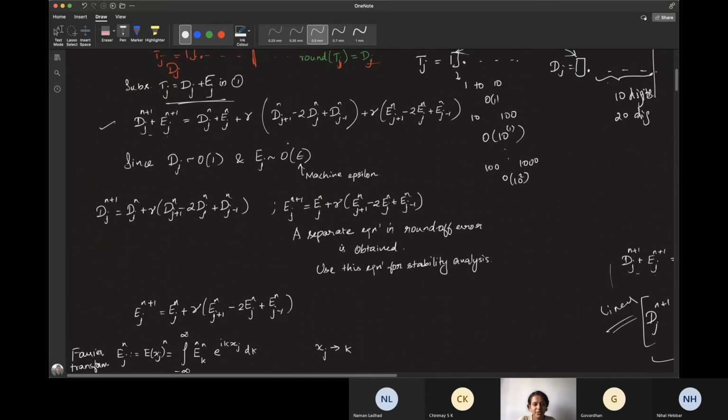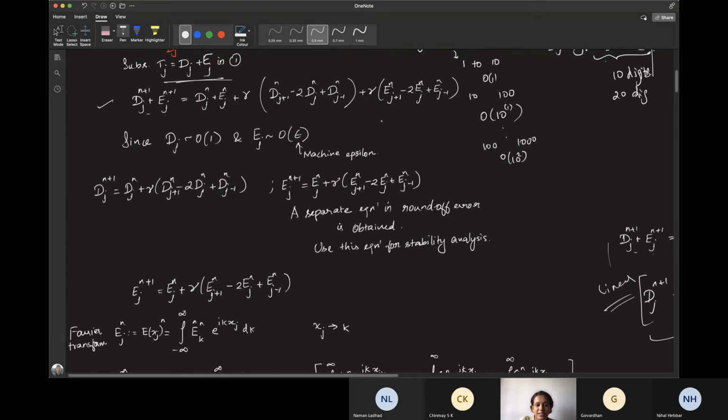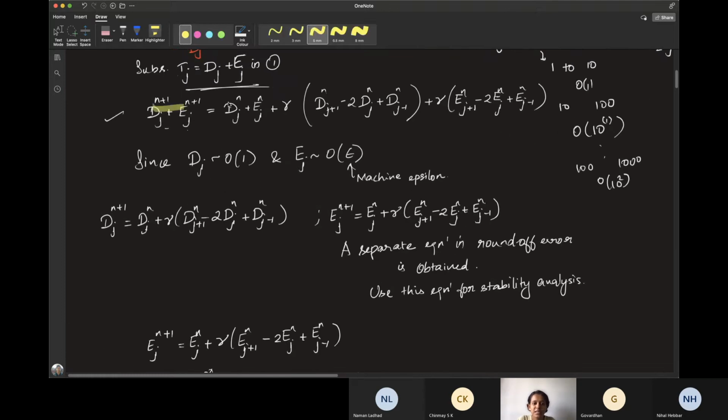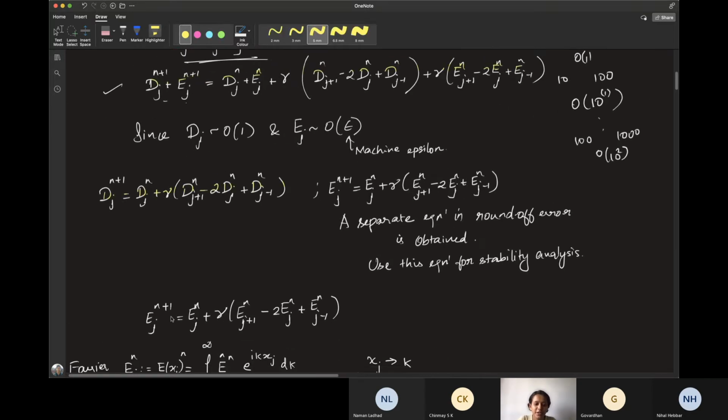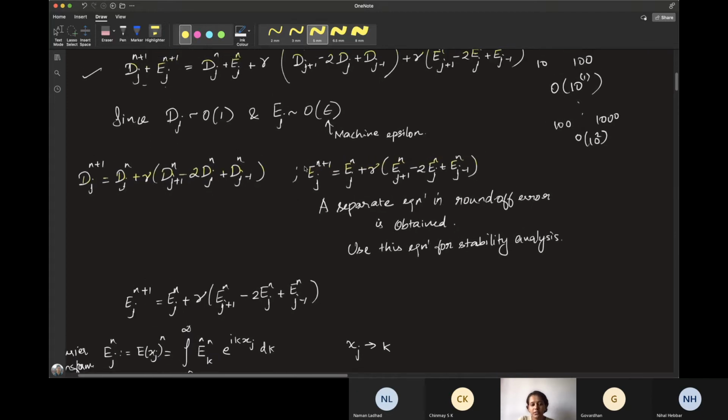That is why we are separating the two equations. Since they should individually be 0, from this equation we are getting two different equations. So now we have an equation for ej. This is an equation just in terms of error, so it doesn't have any dj terms in it.